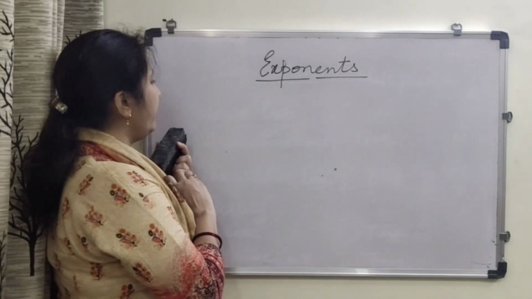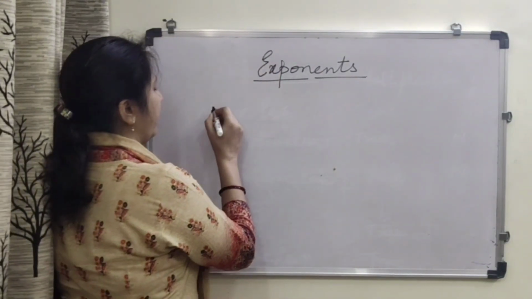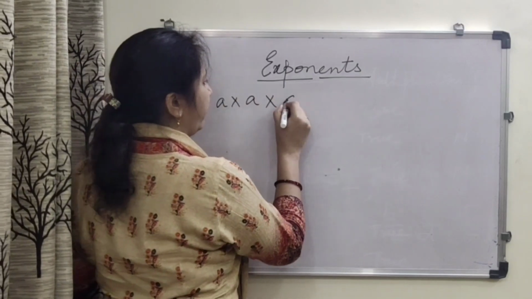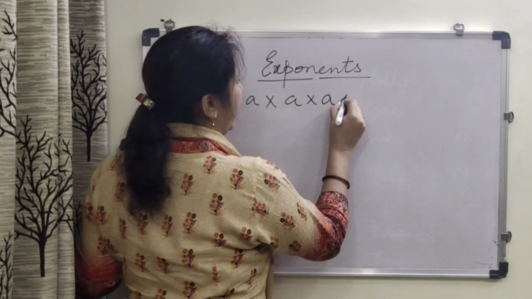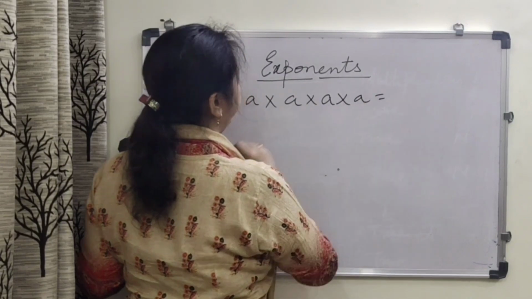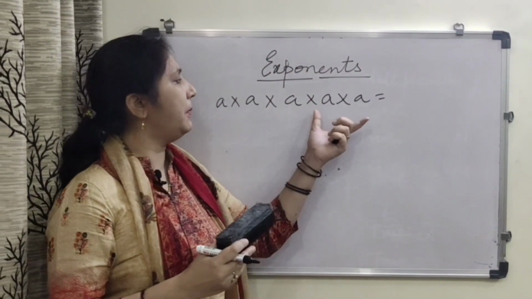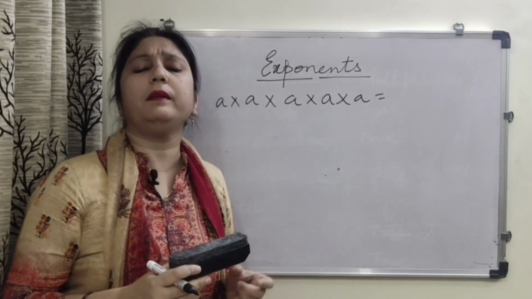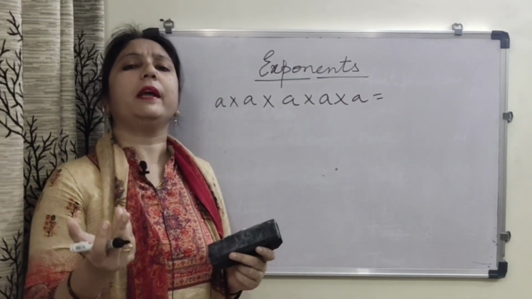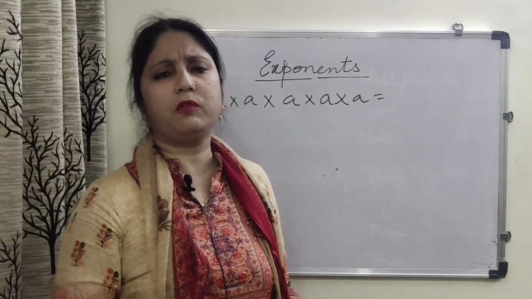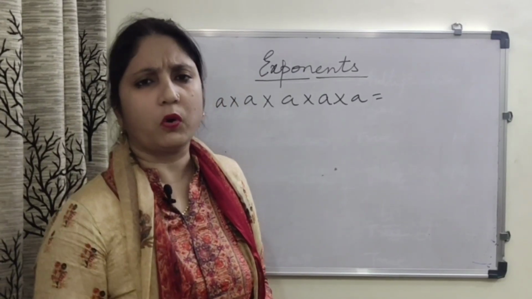Children, in your previous class, you did expanded form. For any number a, which is a real number, if you write like this, it is expanded form. You are multiplying the same number n number of times. That n can be 5 times, 6 times, 7 times, 8 times, 10 times, as many as you want.